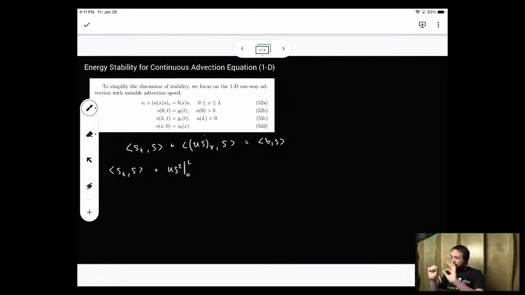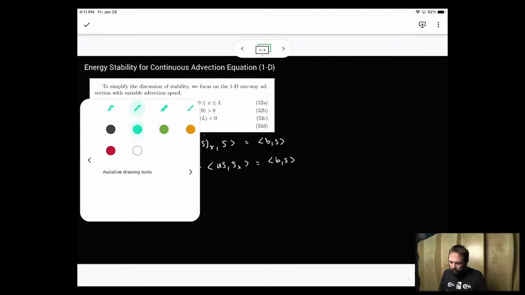Of course, that symbol means we're taking the difference between us squared on the left and right side. And then we have minus inner product of us. So I've moved the derivative off of that flux term and put it onto that test function. In this case, that test function is just the solution. And that's still equal to, on the right-hand side, b times s. So that's just one form of the equation.